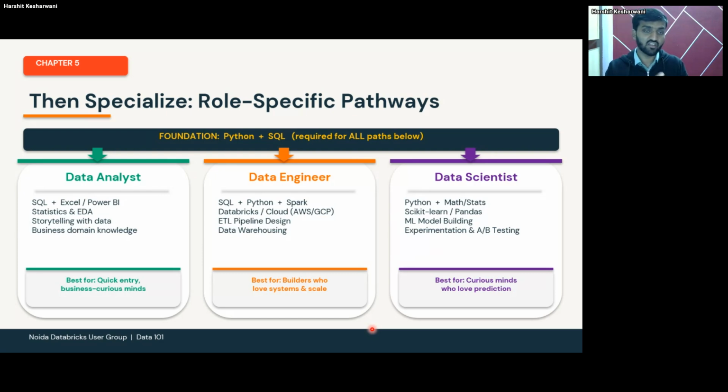Then after covering all of this, you come to a common conclusion that, okay, we are going to build this kind of data warehouse, this kind of architecture, and this kind of model so that the data analyst and data scientist can use it together.